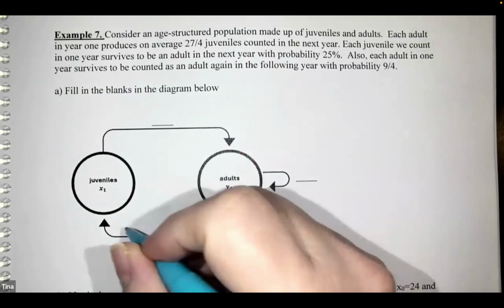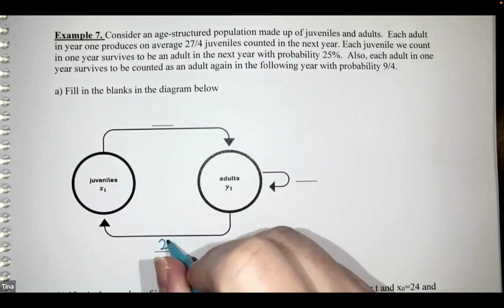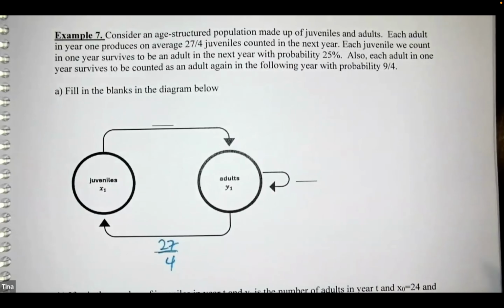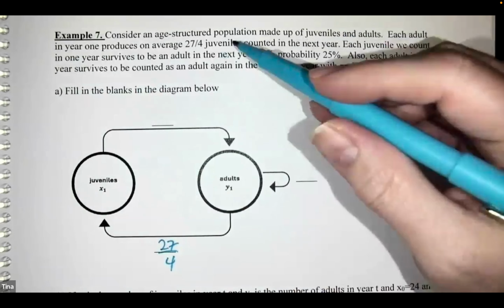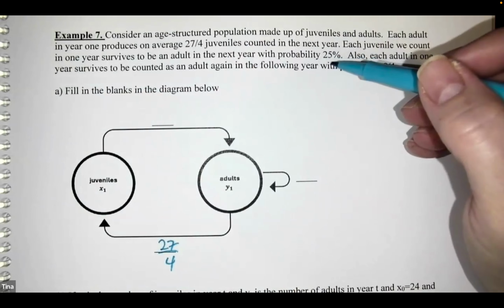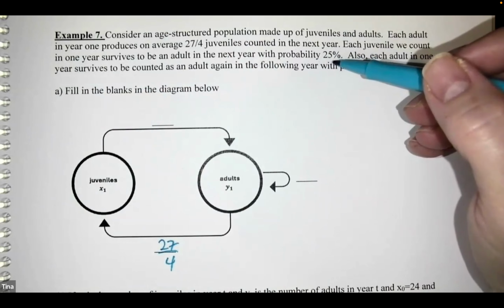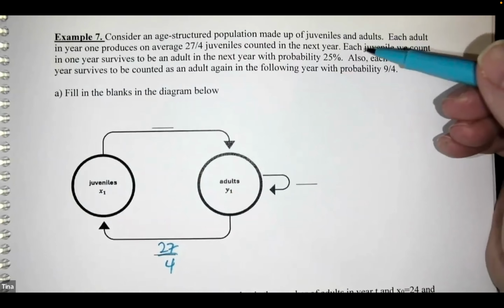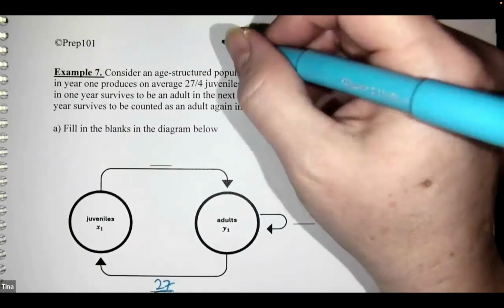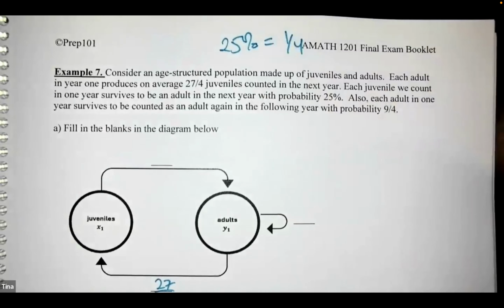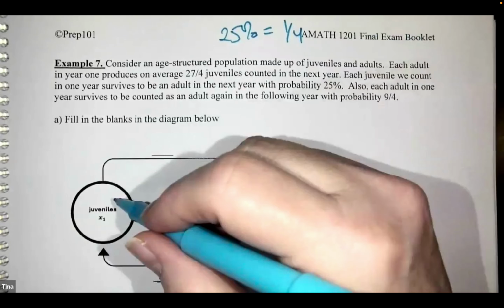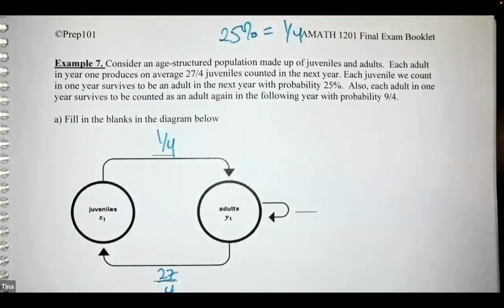Okay, so adult to juveniles, 27/4. Each juvenile we count in 1 year survives to be an adult in the next year with probability 25%. Okay. So 25%, so let's just say 1/4. Okay, so that's juvenile to adult.